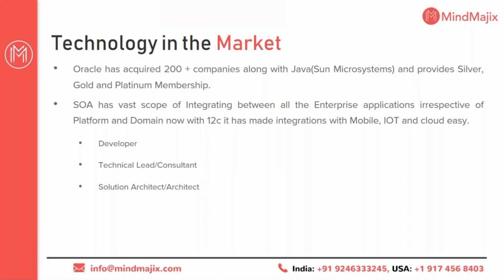That's how they have merged it, and we use the same JDeveloper, the development IDE, for both. And especially with 12c, they have also made integrations with mobile, Internet of Things and cloud easy, along with the upgrade to the cloud. They have made these things very easy.